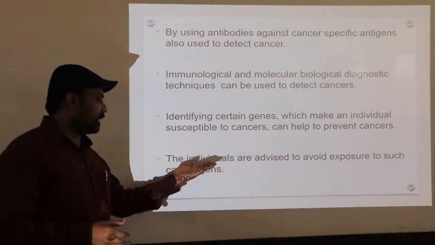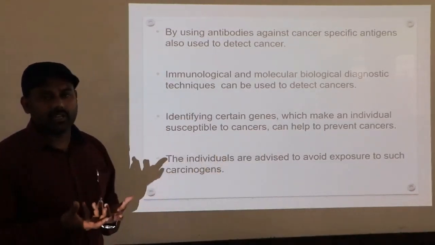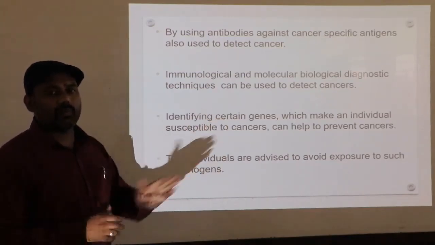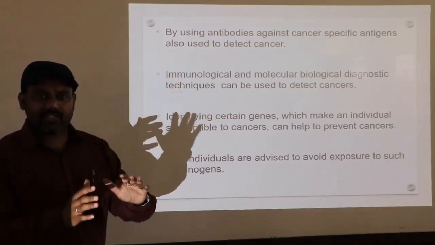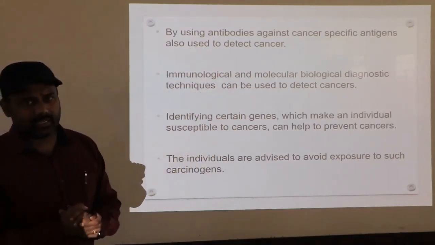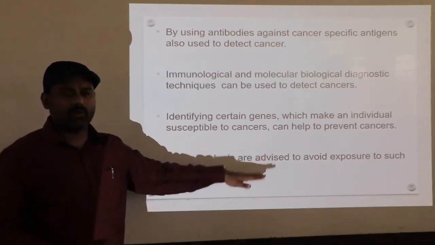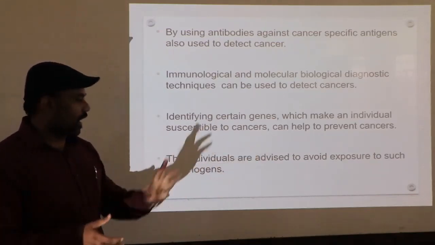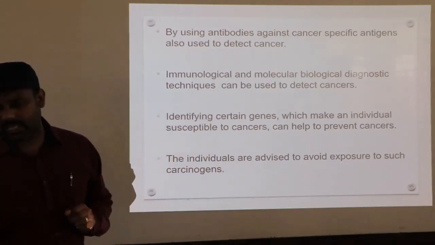Clear? If the individual is exposed to such carcinogens, there is a chance that normal genes are converted into cancerous ones. So as much as possible, make these individuals aware to avoid such carcinogenic agents.